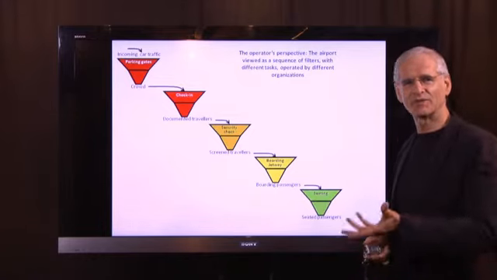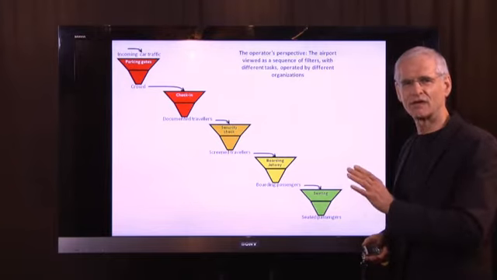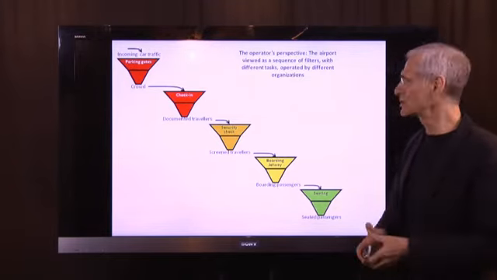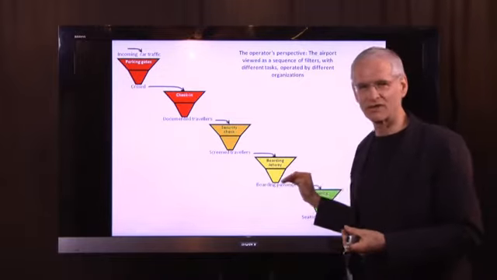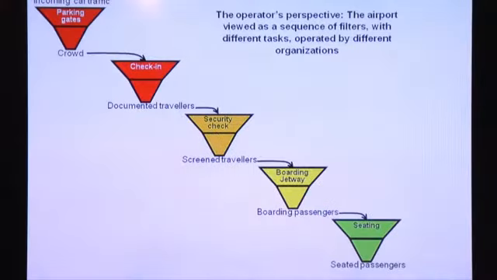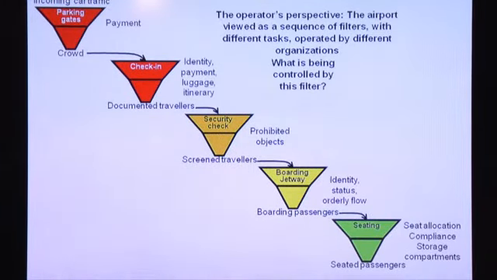Let's take each of these filters and look at what exactly they are controlling, because the transformation that takes place at these levels is a controlled transformation at the airport. Each of these filters is filtering a different type of thing: payment for parking, identity, correct payment, luggage for check-in, prohibited objects at security check, and so on.